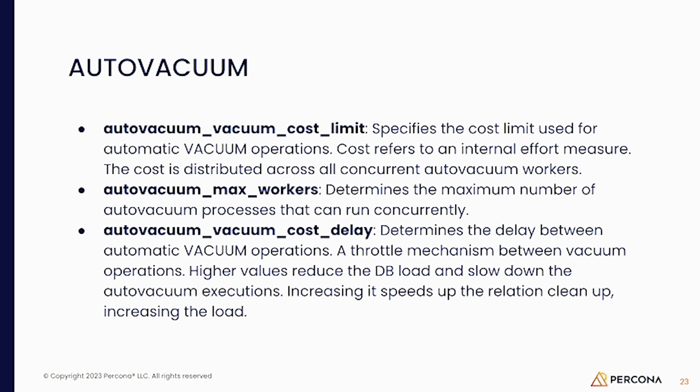One of the common mistakes is that people tend to think that increasing the number of workers is like running processes in parallel, and that will speed up the auto vacuum.